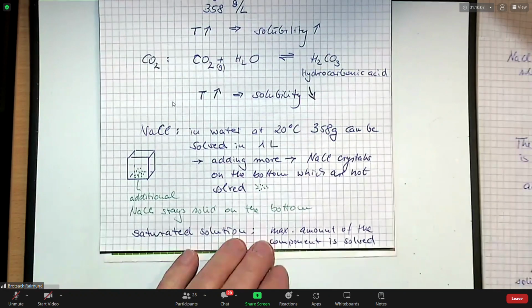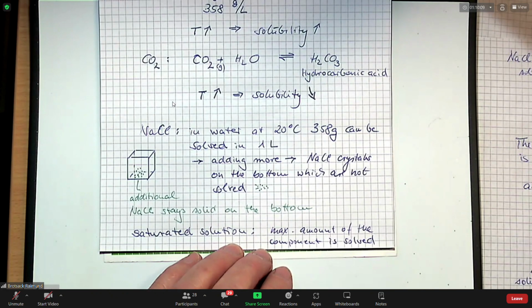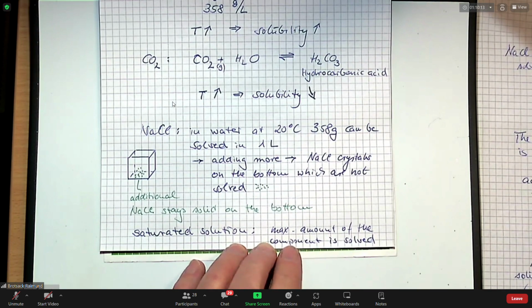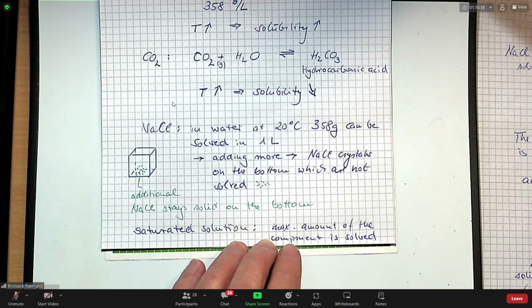Saturated solution means the maximum amount of the component is dissolved. Adding more, it cannot be dissolved. Substance remains solid on the ground.